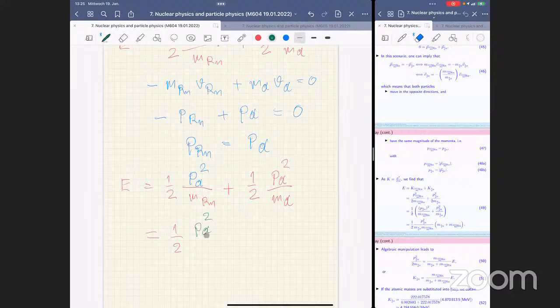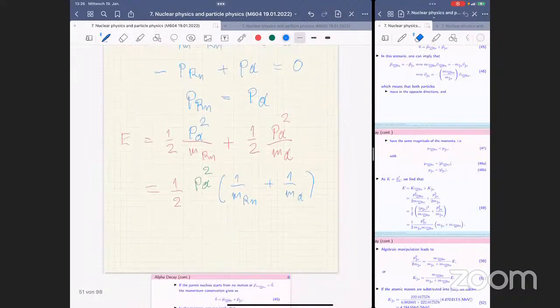P alpha squared, which is the momentum of the alpha particle in both terms. That's the common term, and 1/2, right? And we have here 1/m radon plus 1/m alpha. That's the remaining thing.